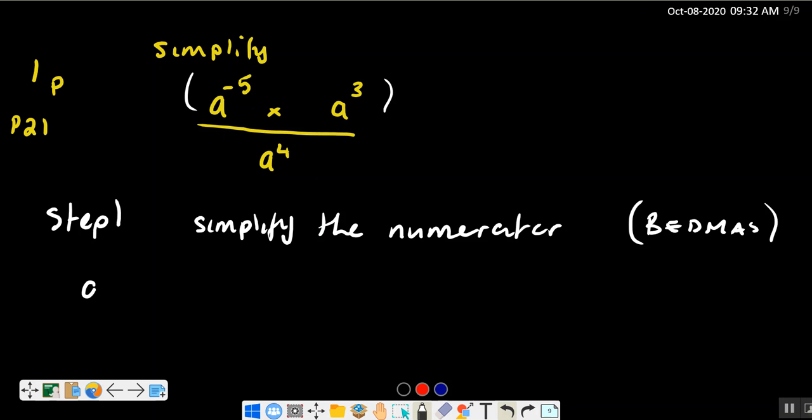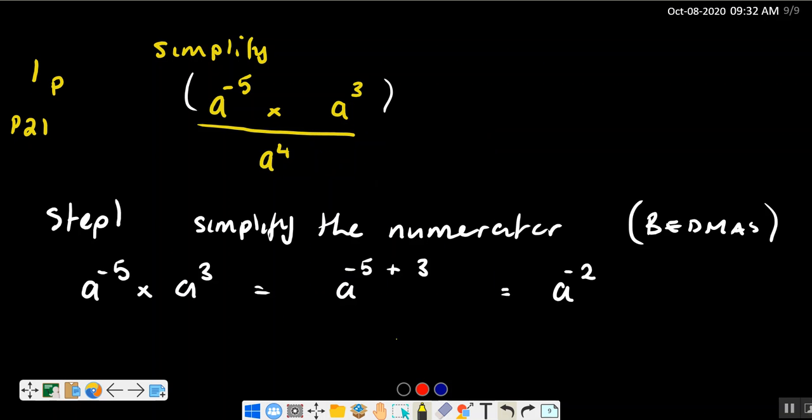So a to the power of -5 multiplied by a to the power of 3. We do a to the power of -5 add 3, right? So that gives me a to the power of -2. Alright?